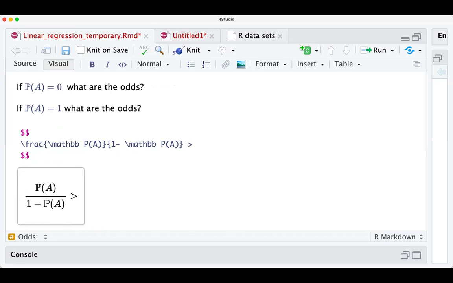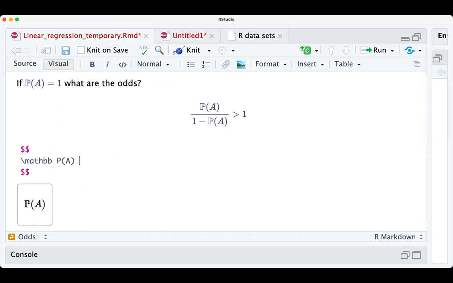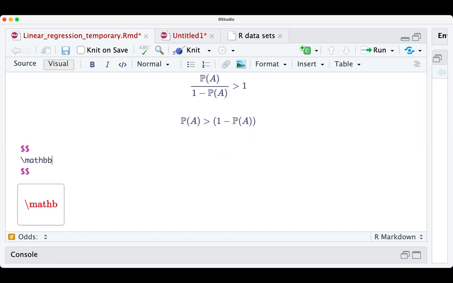Sorry, 1. This means that the probability of A is greater than 1 minus the probability of A, which means that the probability of A is greater than 1/2.